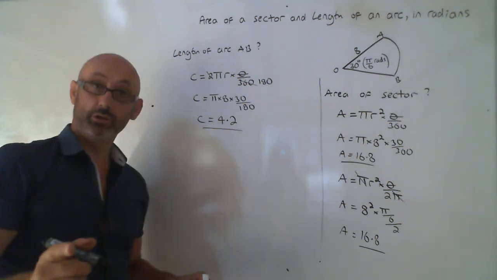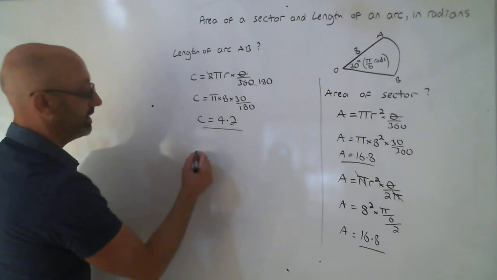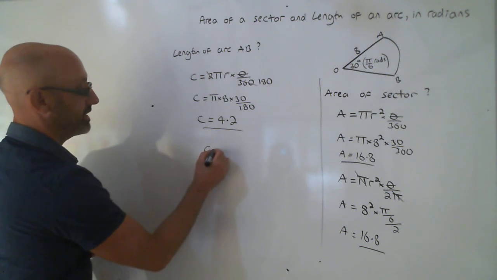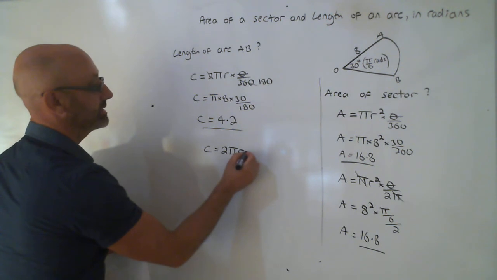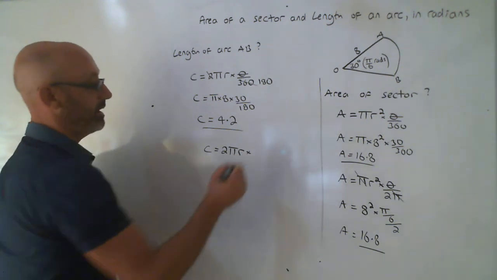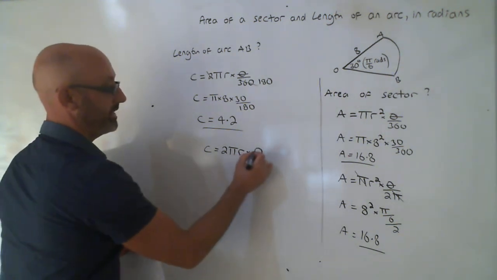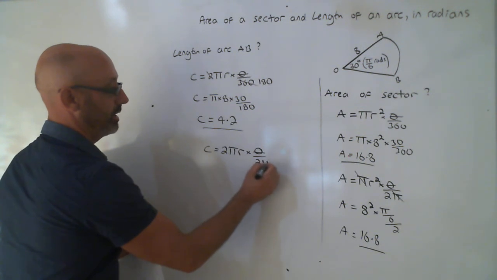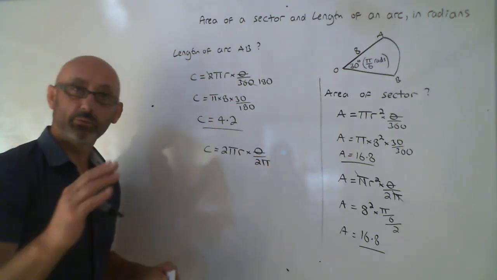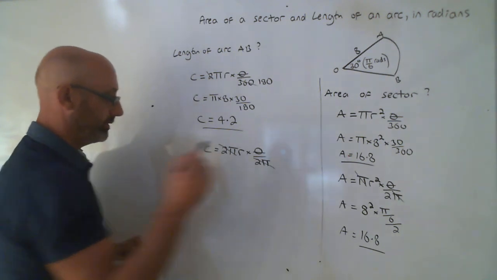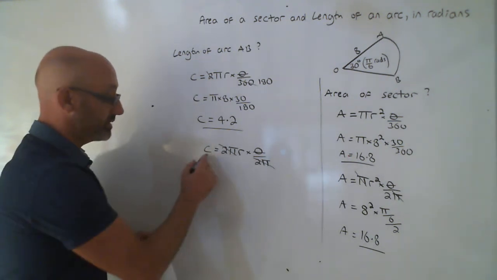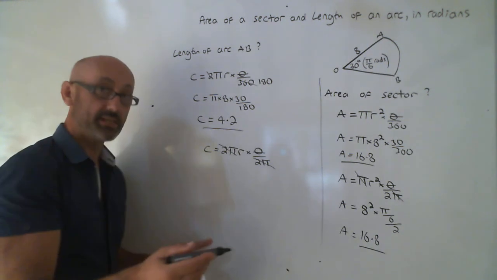Okay, good. It's even easier when you use radians. So C equals 2 pi r times, and it's going to be theta over 2 pi. And we can see what's going to happen here. The 2 pi and the 2 pi are going to cancel. So C equals r theta.